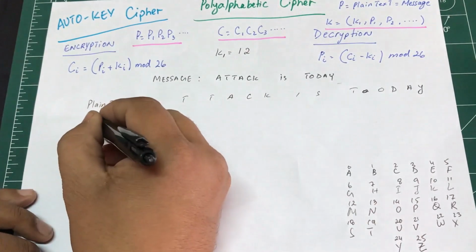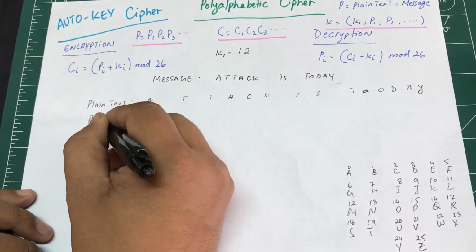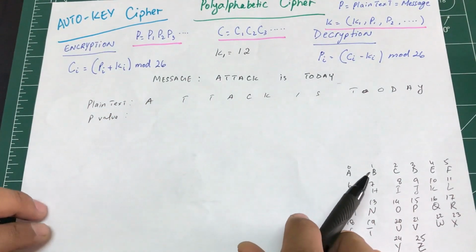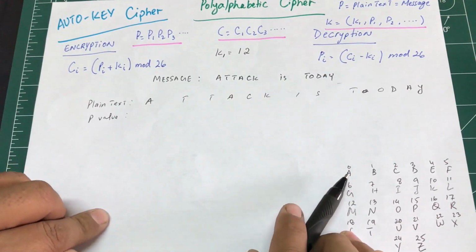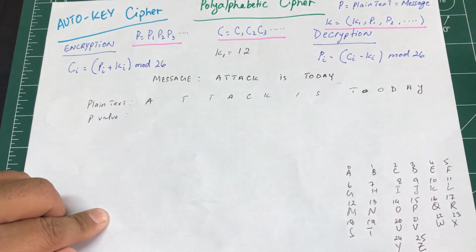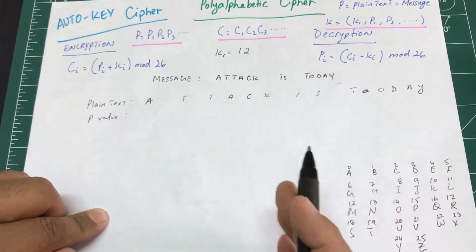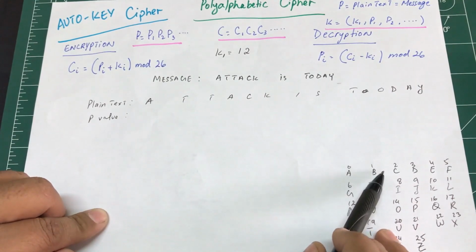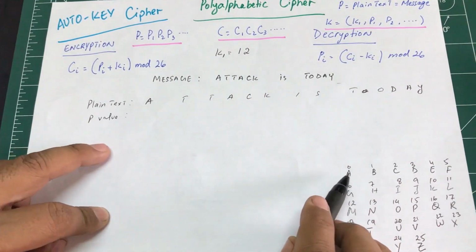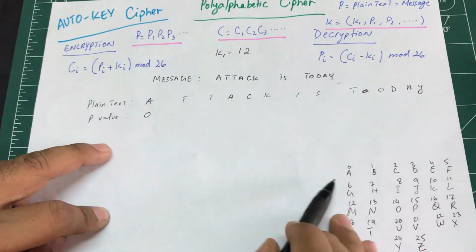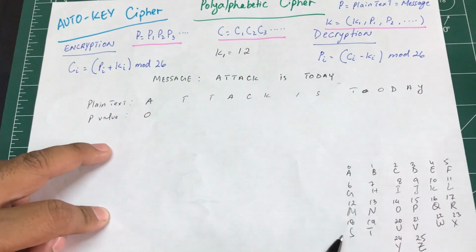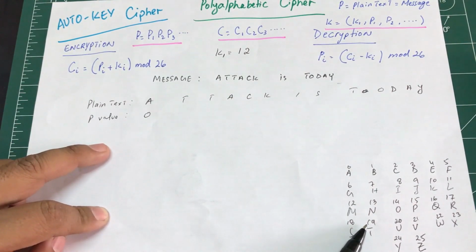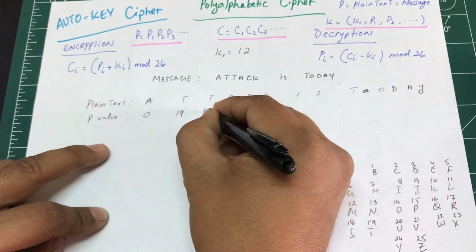So the first thing I'm going to do is write down the values. According to our code book, A is 0 and Z is 25. I'm simply assigning a weight to each letter with respect to some numbers. So A has a value of 0. T has a value of 19. Another T is 19.